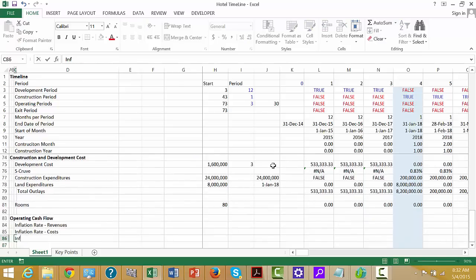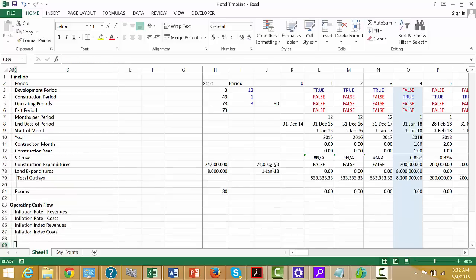Inflation index for revenues, and inflation index for costs, and then we can put a room rate per day.